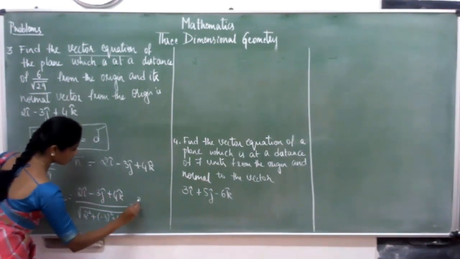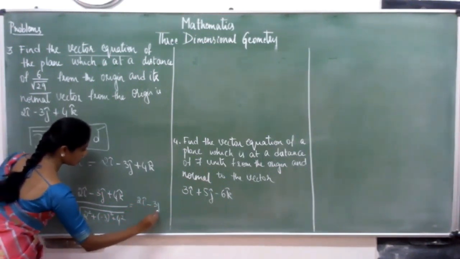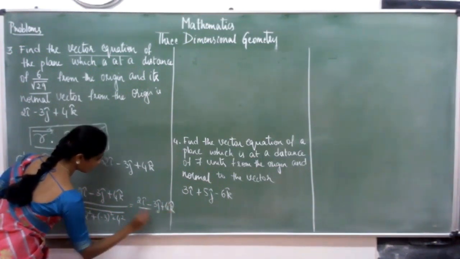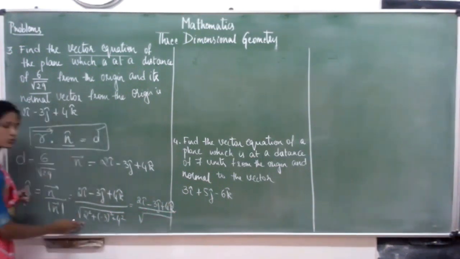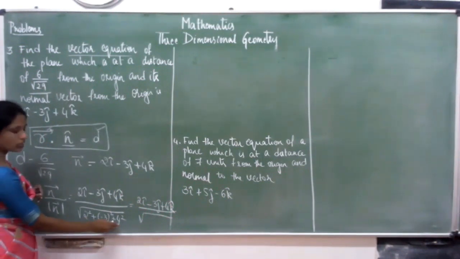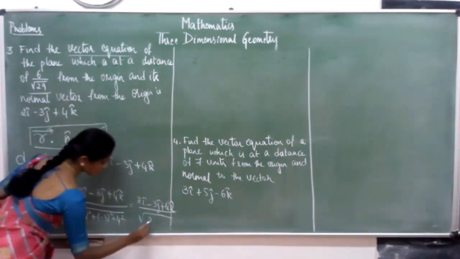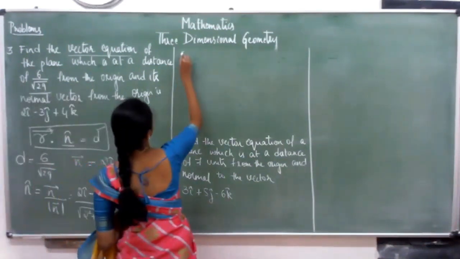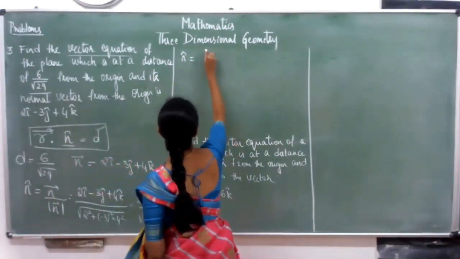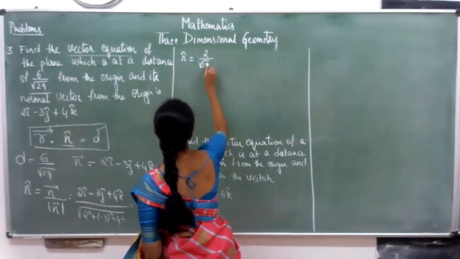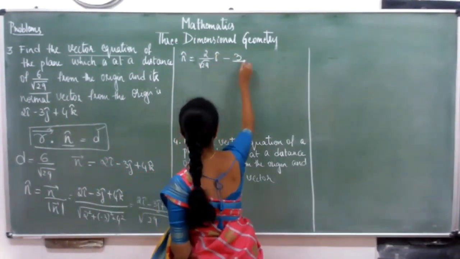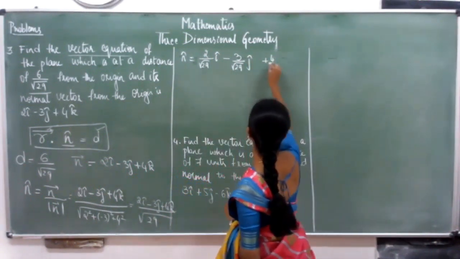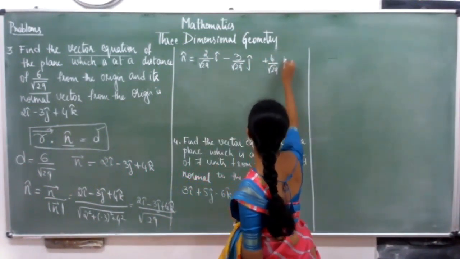Therefore, this is equal to 2i cap minus 3j cap plus 4k cap divided by root of 2 square 4, 3 square 9, 4 square 16. Therefore, this will be equal to root 29. Therefore, vector n cap will be given by 2 by root 29 into i cap minus 3 by root 29 into j cap plus 4 by root 29 into k cap.